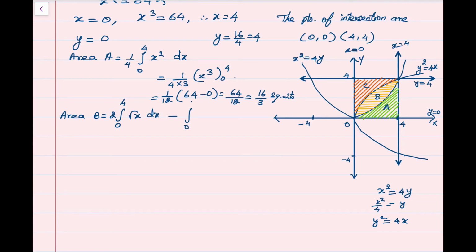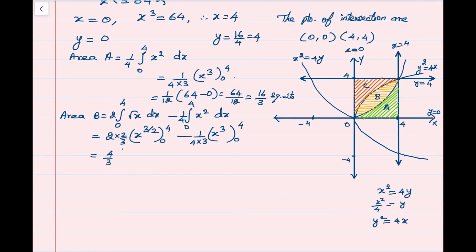The limits are 0 to 4 and it is x square divided by 4 dx. 2 times integral of root x is x raised to 3 by 2 times 2 by 3. The limits are 0 to 4, minus x cube divided by 4 times 3. The limits are 0 to 4.